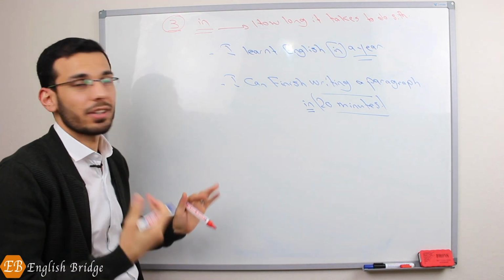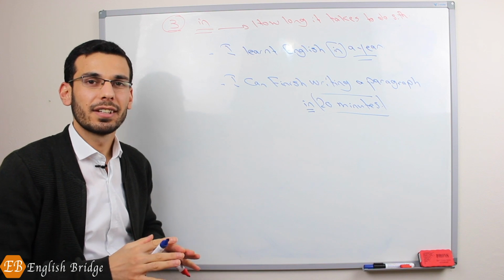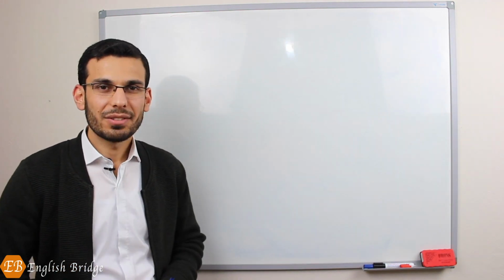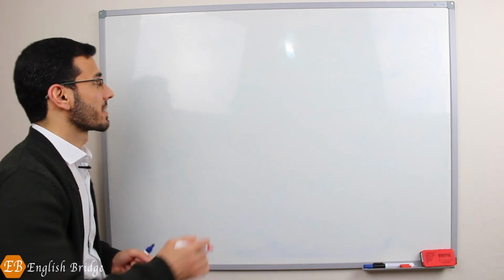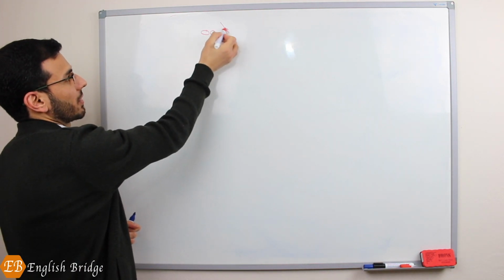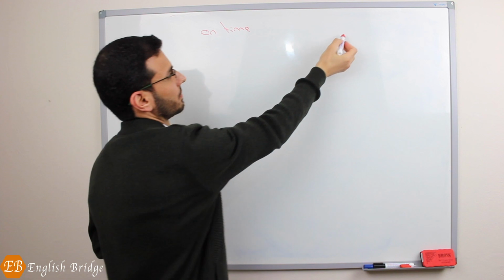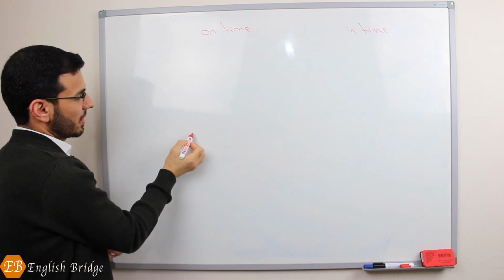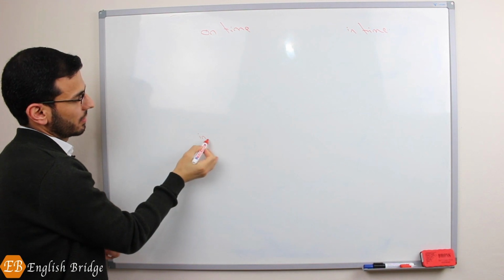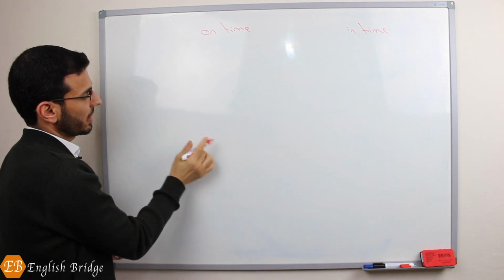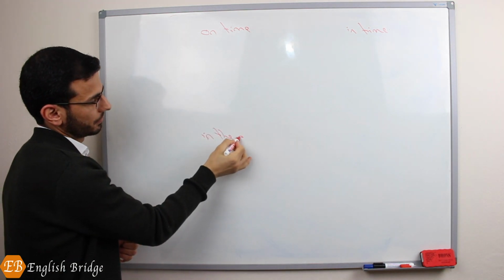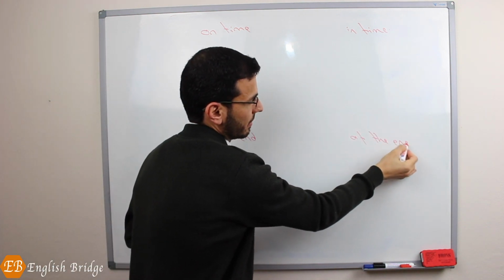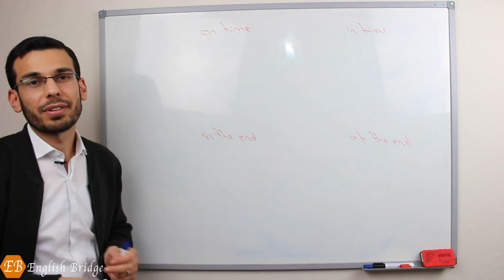Now, before we move to the last one, there are some expressions we can use with in or on. Let's talk about them. So the expressions are the following ones. We can say on time, and we can say in time. We can say in the end, and we can say at the end. Now, what is the difference between these?